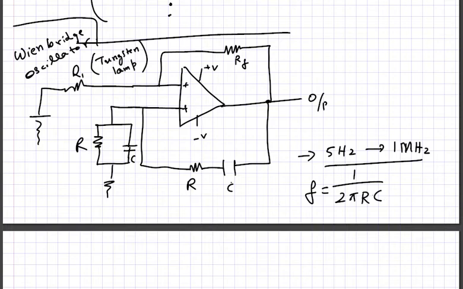So by changing the resistor and capacitor in the circuit, you can change the frequency of the output signal. By varying what is known as feedback, you can also vary the amplitude of the output signal.